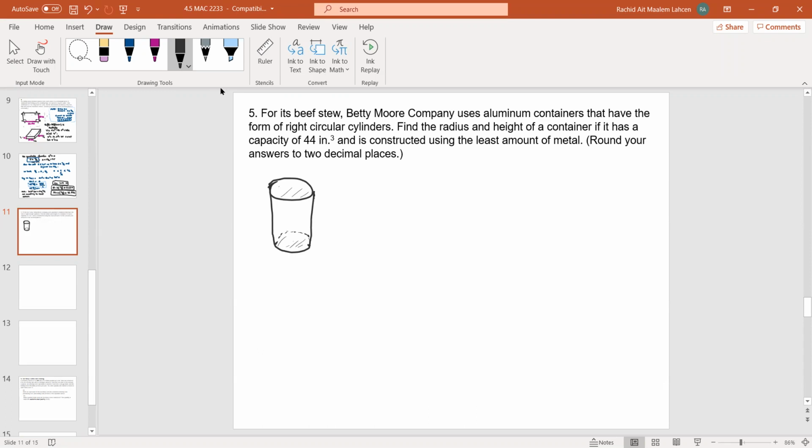So that forms right circular cylinders. Find the radius and the height of a container.